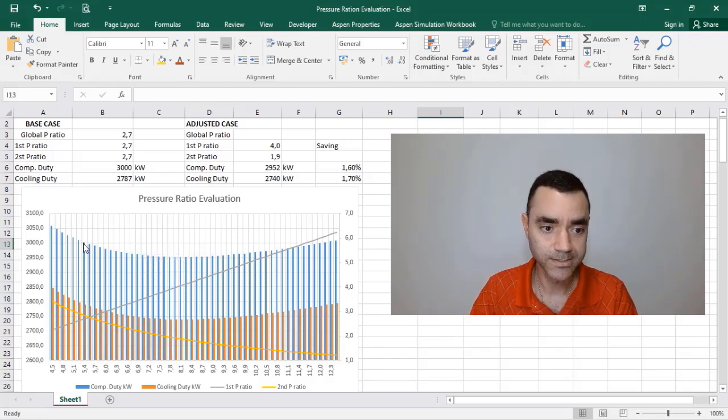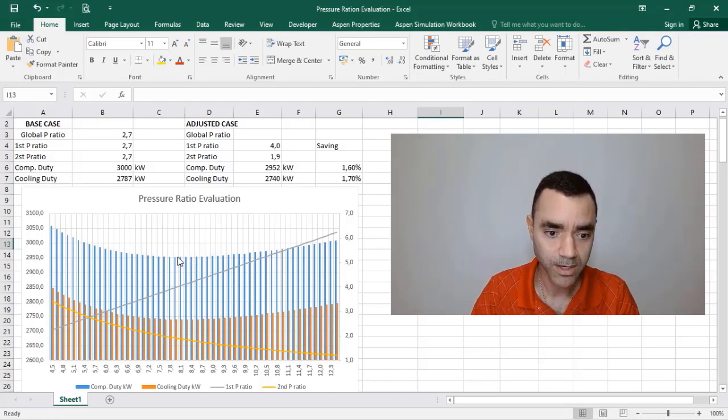So here you can see that we have 3000 kilowatts. But as I walk with my pressure ratio, I am able to reach lower power consumption. So around 4 here I have the lowest power consumption.